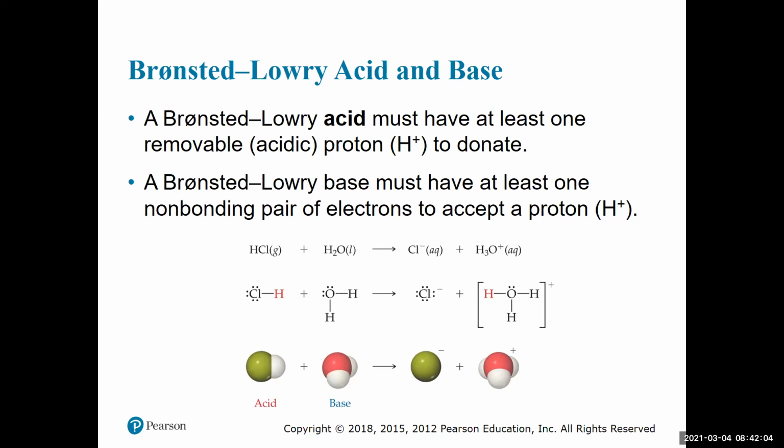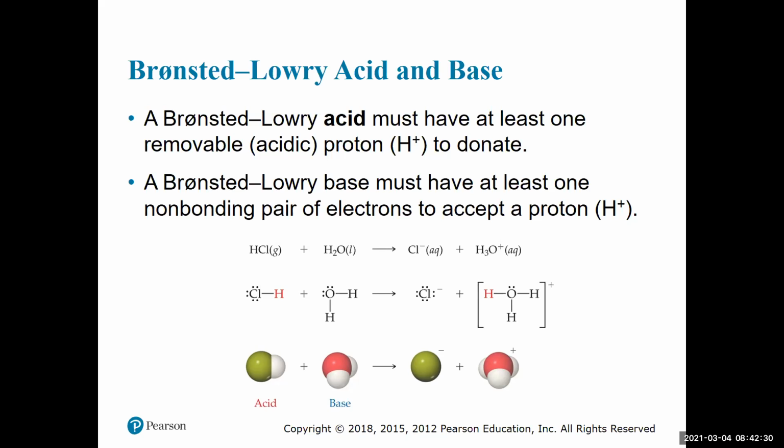For something to be a Bronsted-Lowry acid, it has to have a proton that it can donate. You can think of that as a removable proton, a donatable proton, but usually it's termed an acidic proton.